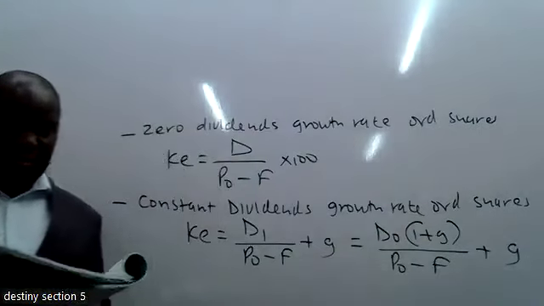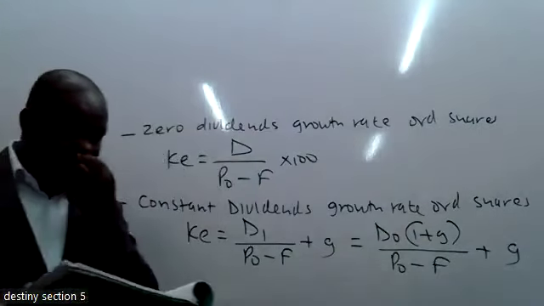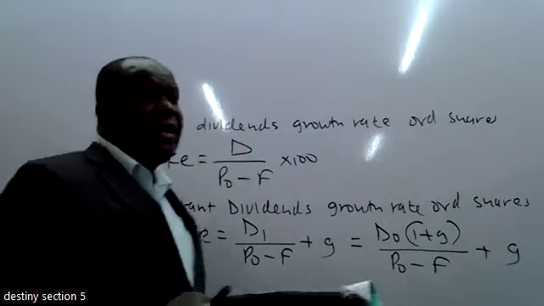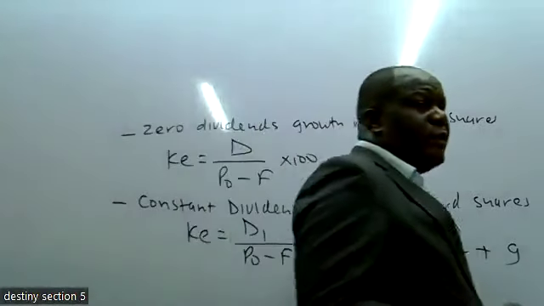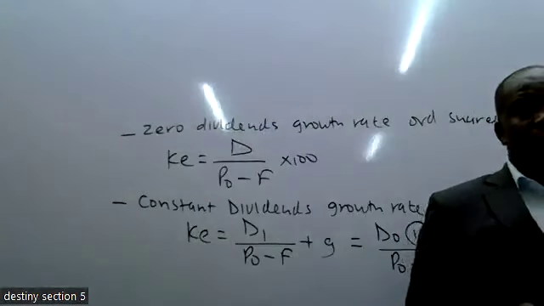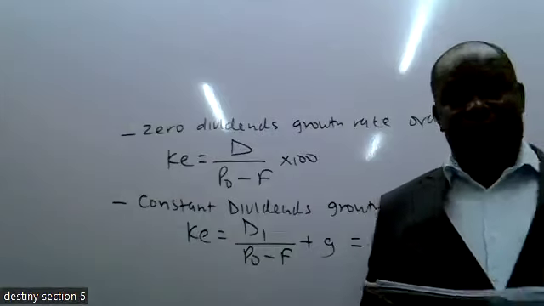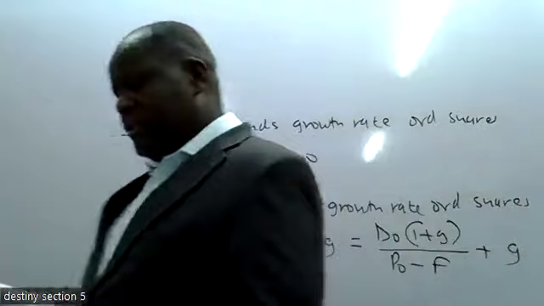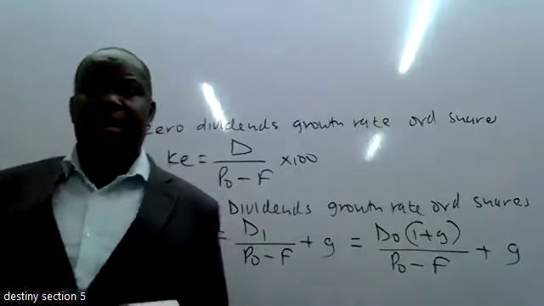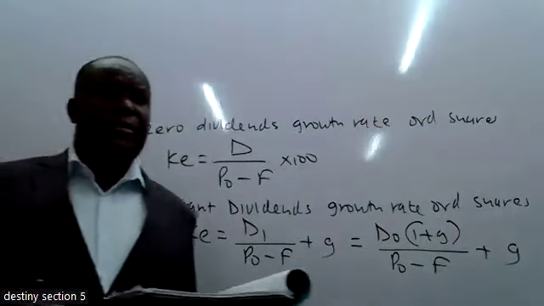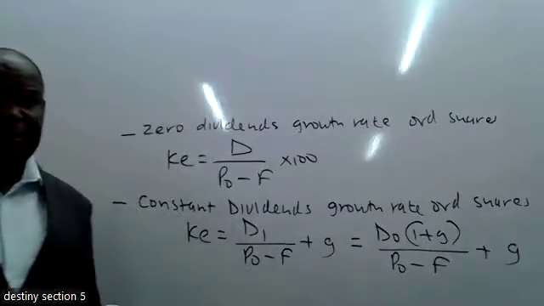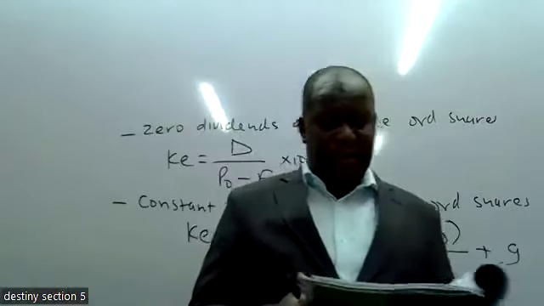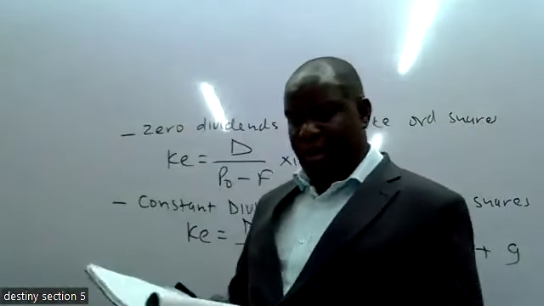Therefore, the cost of the retained earnings is the same as the cost of the ordinary share.